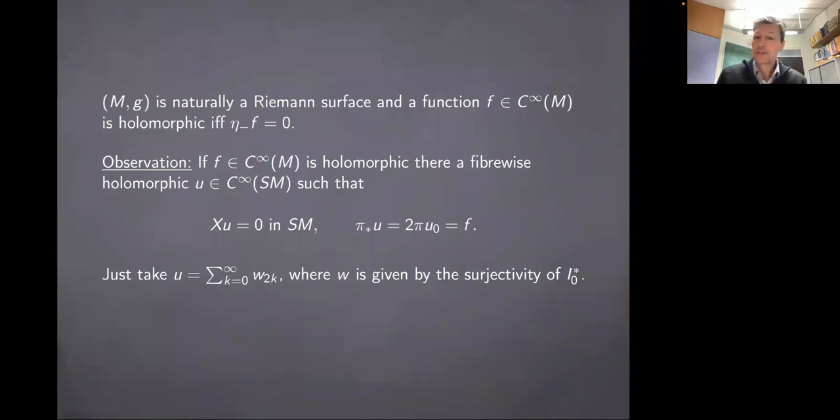So you get a little bit of an upgrade. If you begin now with a holomorphic function on M, you can get a first integral that in addition has the property that it is fiber-wise holomorphic in the vertical Fourier decomposition.